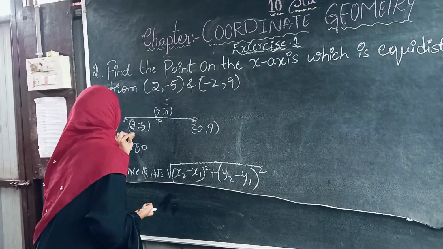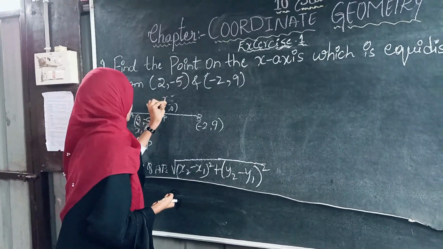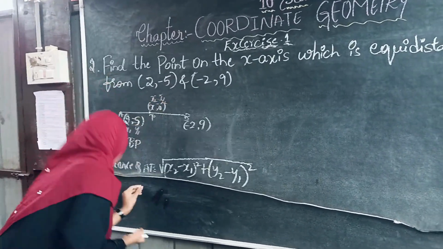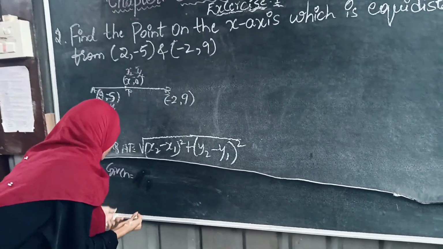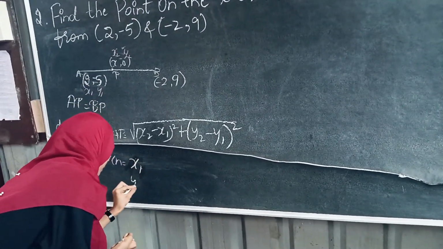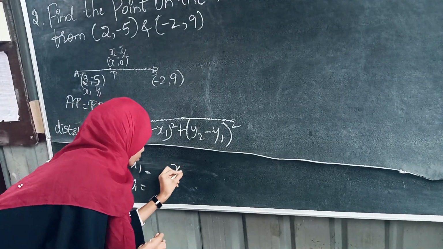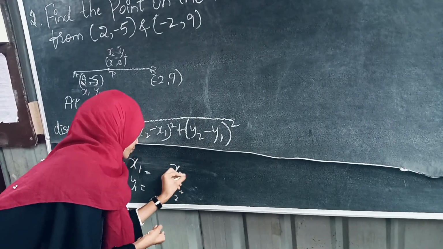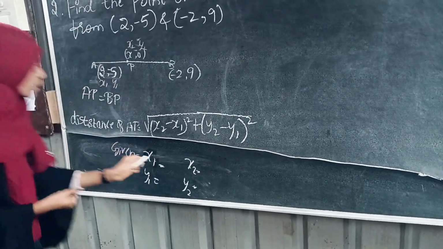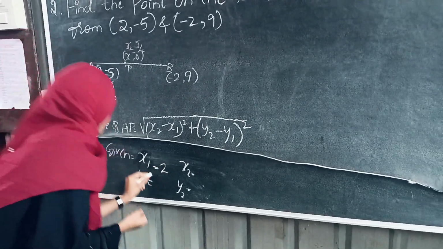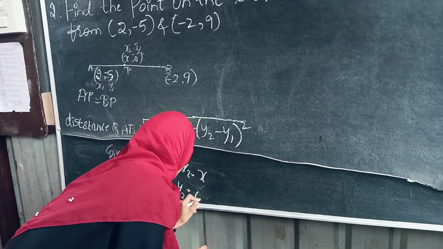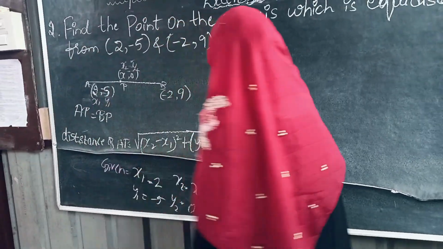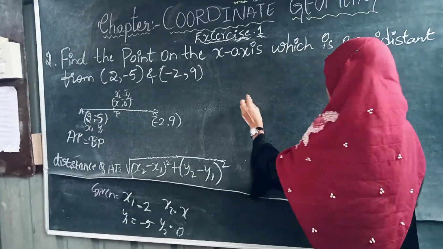Right, given x1 y1 x2 y2. Here x1 is 2, y1 is minus 5, x2 is x, y2 is 0. Now we will put these values in the formula.